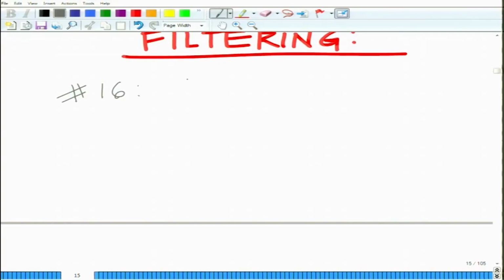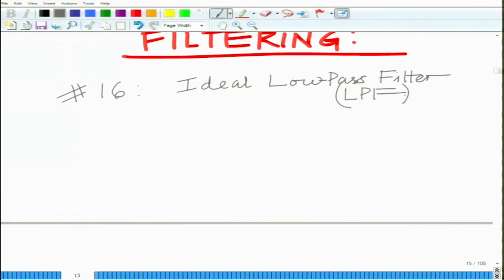So, consider an ideal low pass filter, and if you might remember, the ideal low pass filter response looks something like this.